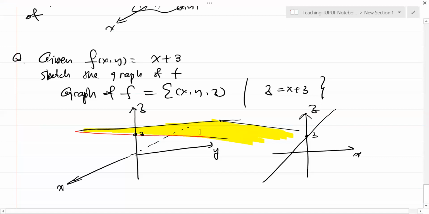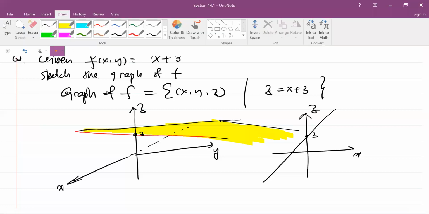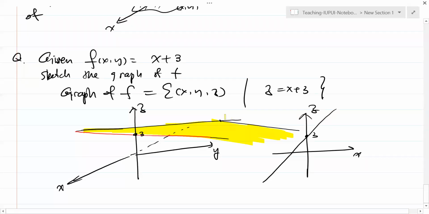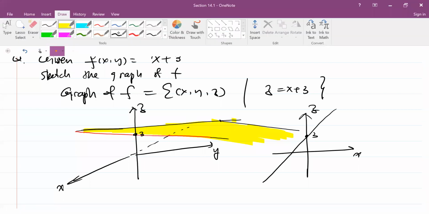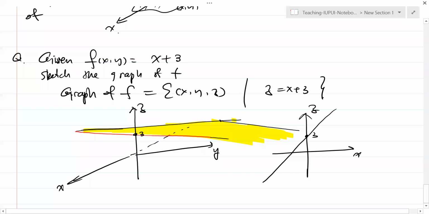If I want to extend it, I just draw one piece of the graph, and actually you can extend it. The graph is a plane.